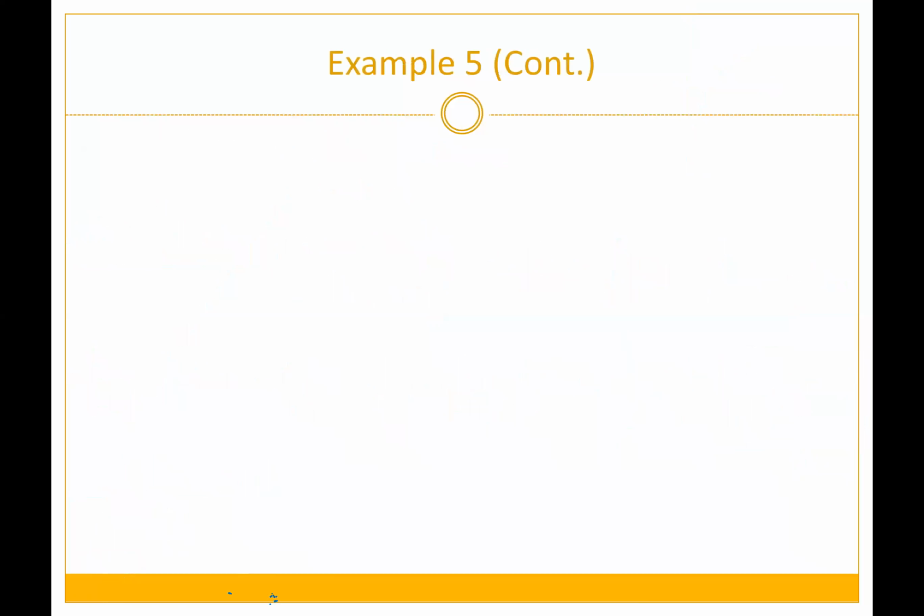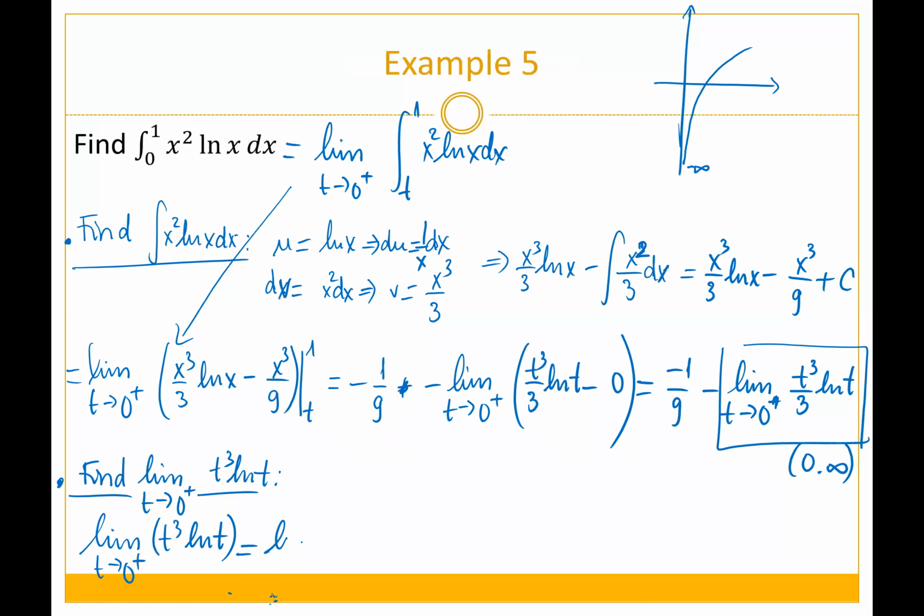The first step is that we have to put it into a quotient. Sorry for continuously changing style. ln of t over 1 over t cubed, or you can rewrite it as ln of t over t to the negative 3. So now what you have is infinity over infinity, because t is approaching 0 plus, so 1 over 0 plus is infinity. I'll put the form here to keep track.